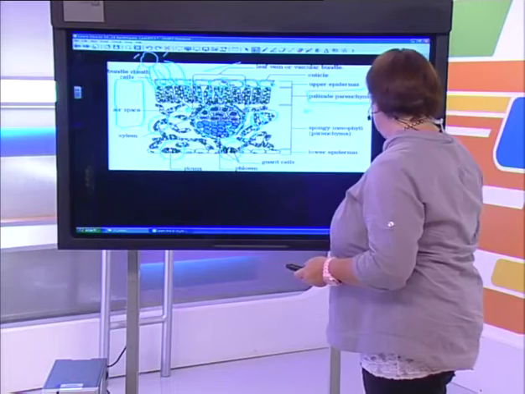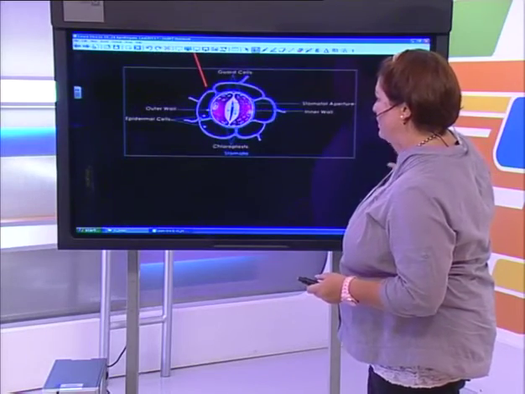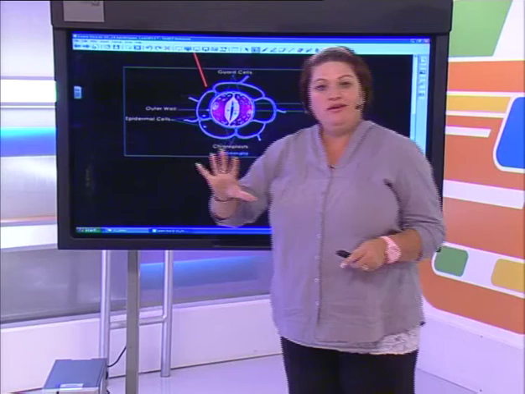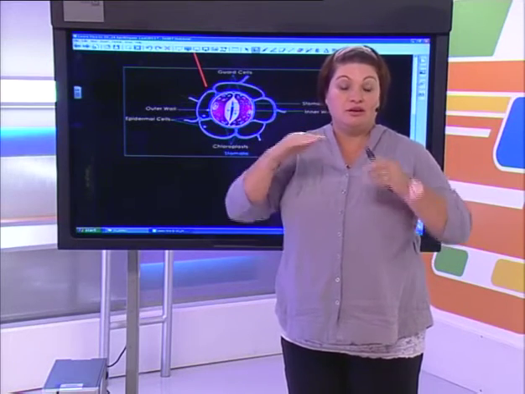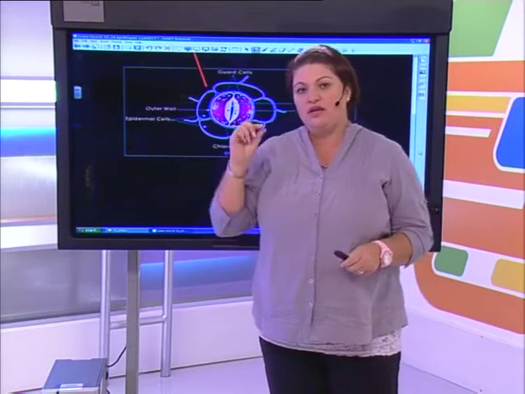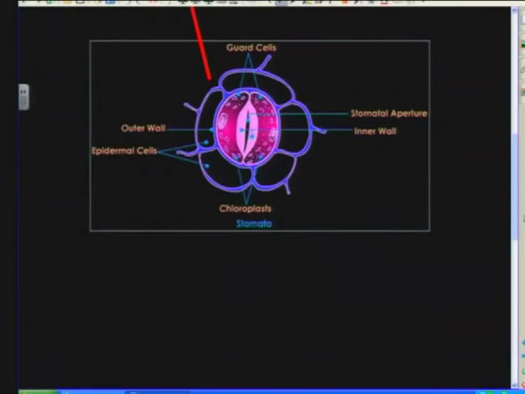On the lower surface of a leaf you are going to find little openings. And here, this is a whole structure. It consists of two guard cells.